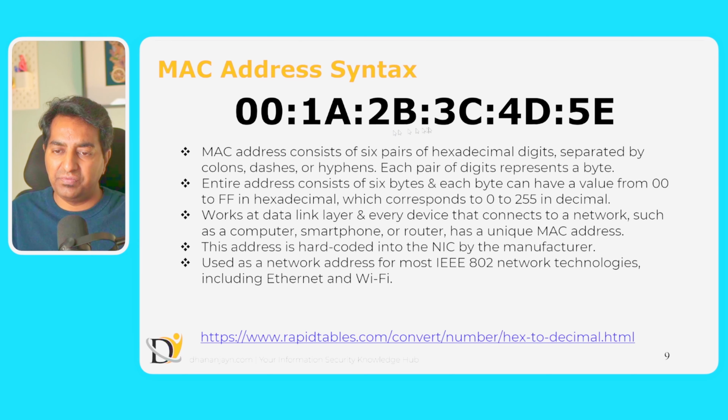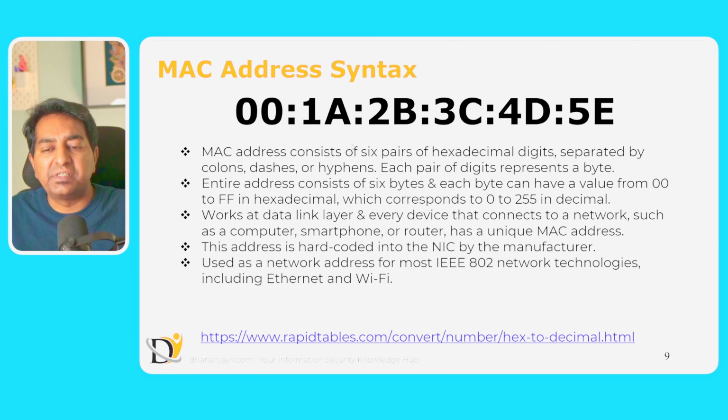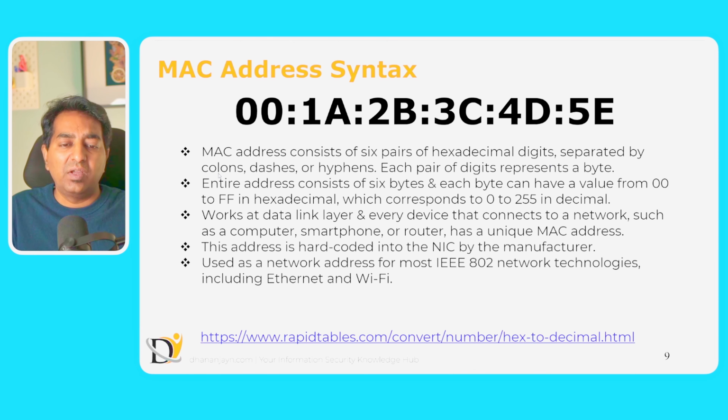This is the syntax of a sample MAC address. This MAC address consists of 6 pairs or 6 octets, also known as hexadecimal digits, separated by colons, dashes, or hyphens. As you can see here, it is a colon, but it could be a dash or a hyphen, depending on the vendor and the operating environment you are working on. Each pair of digits represents a byte here.